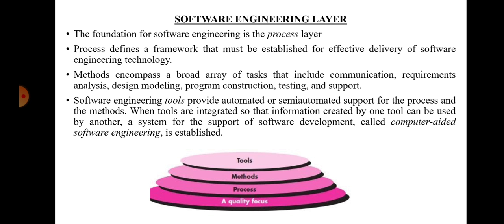There are 4 layers in software engineering. The main foundation is quality focus, next one is process, next one is methods, last one is tools. These 4 layers are important in software engineering to develop a particular software product.